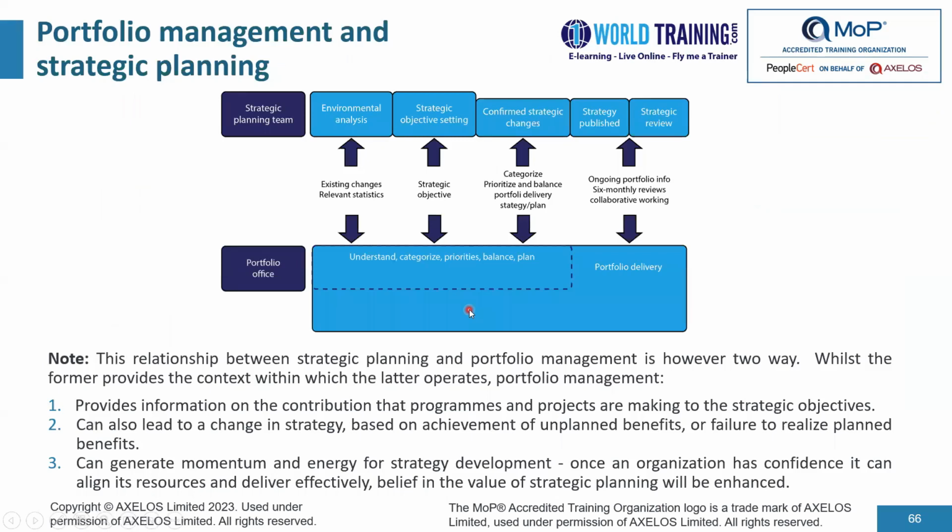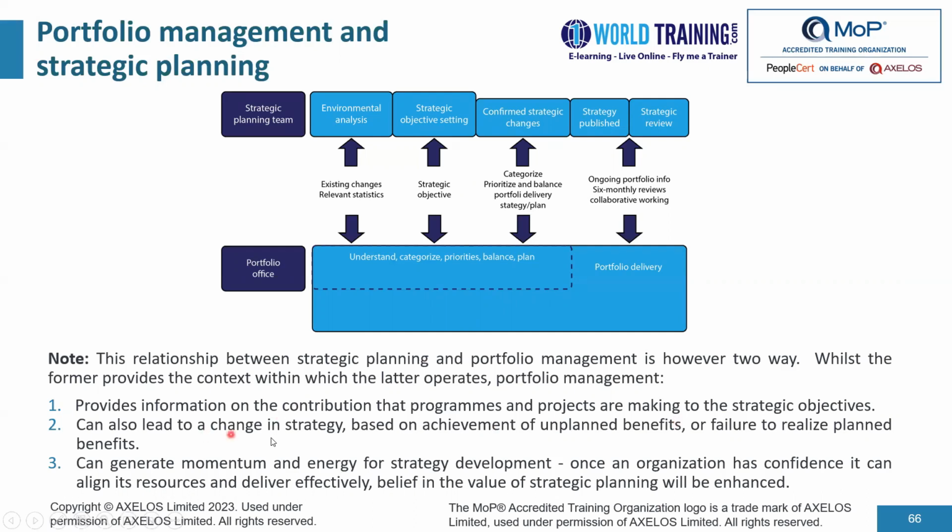Let's look into portfolio management and strategic planning, which is the second key function. The relationship between strategic planning and portfolio management is, however, two ways. While the former provides the context within which the latter operates, portfolio management provides information on the contribution that programs and projects are making to the strategic objectives.